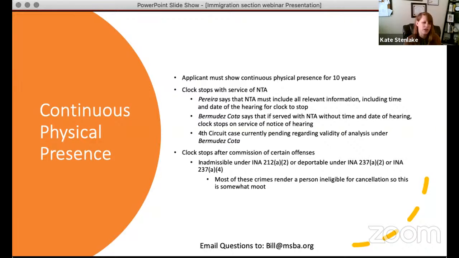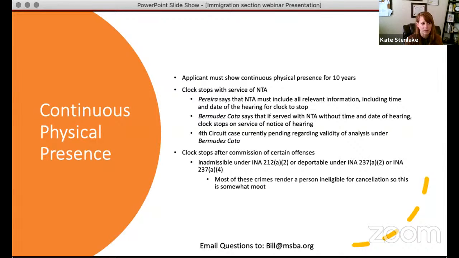If you've been practicing immigration law and looked at any of these notices to appear, you'll notice that about 99% of the cases, they don't have a time and date of hearing. They say TBD, TBD. So after Pereira, it seemed like, essentially, unless DHS served a new NTA on the client with the time and date of hearing, the clock simply doesn't stop.